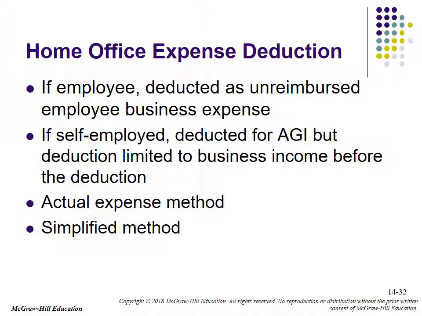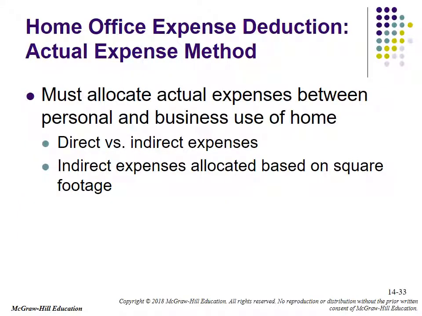There's two ways of determining the deduction for office in the home: the actual and the simplified. And the simplified came out a couple years ago. In the actual, you keep track of all your expenses for the home, and then you allocate, just like we did for the rental, between the business portion of the home and the personal, and you base it on square foot. Now, if you have a direct expense to your office, say you painted the office, that's a key.